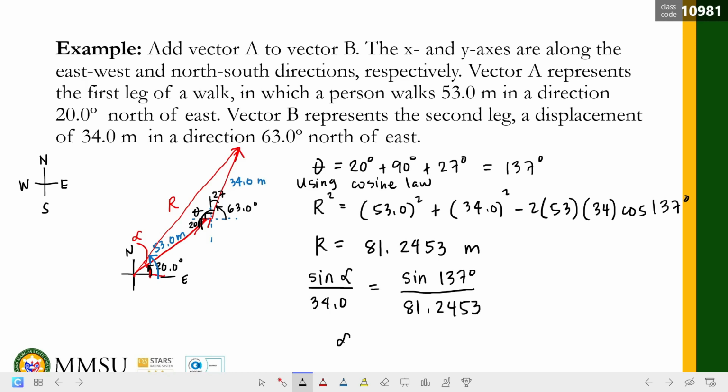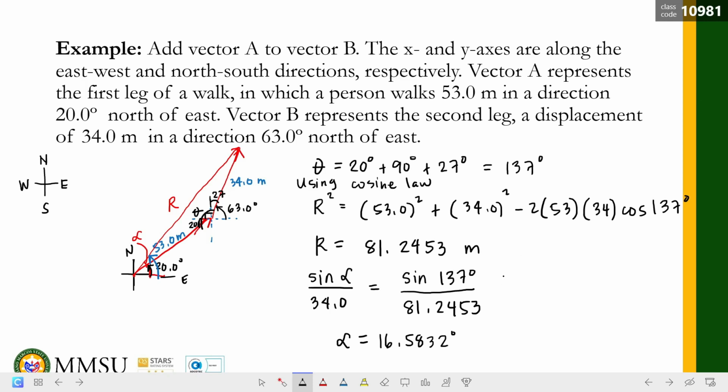And so, alpha therefore is equal to 34 times sine of 137 degrees. Tapos, i-divide ko siya ng 81.2453. And whatever the result, lagyan ko ng inverse sine. Okay? Arcsine of answer. So, we have 16.5832 degrees.